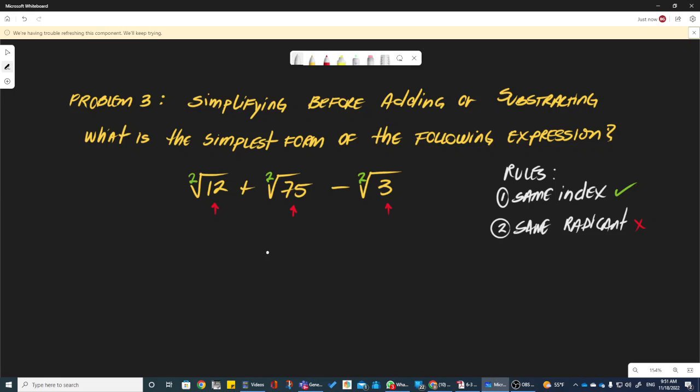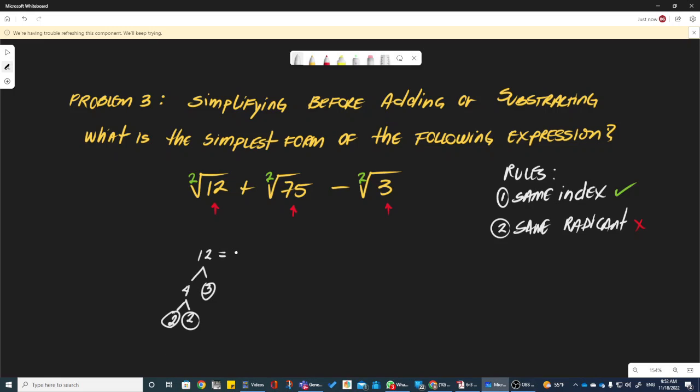So for that, we are going to do prime factorization. Okay, so you are going to take each radicand and you are going to factor it. So two numbers that multiply together gives you 12. It's 4 and 3. 3, it's prime. And then two numbers that give you 4 when you multiply them together, it's 2 and 2. And those are prime.